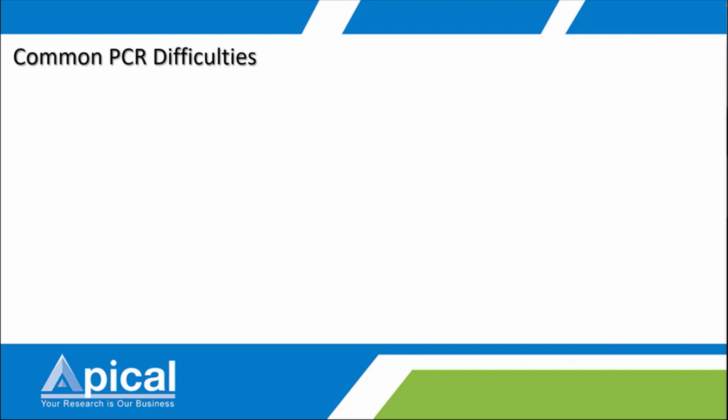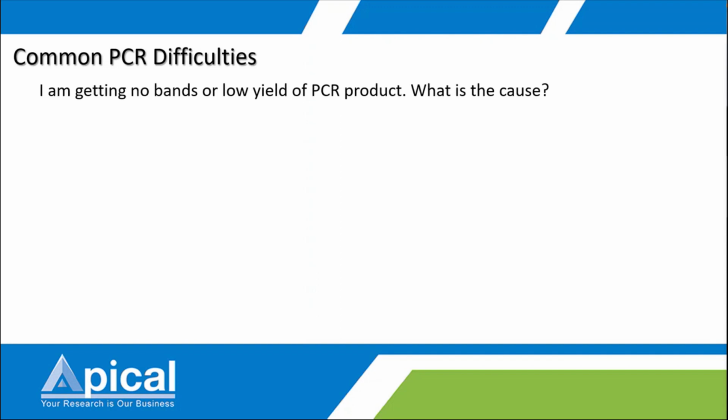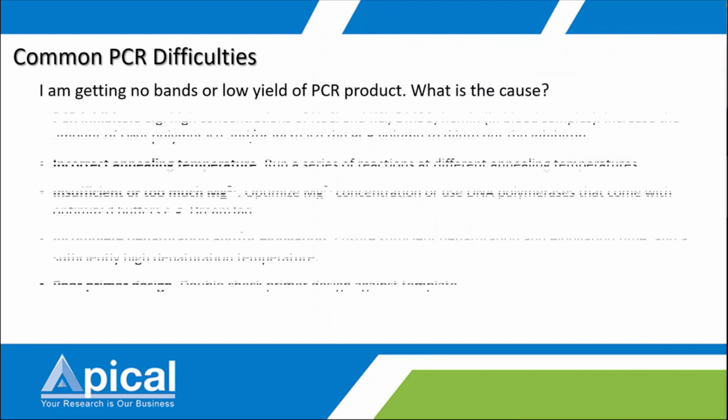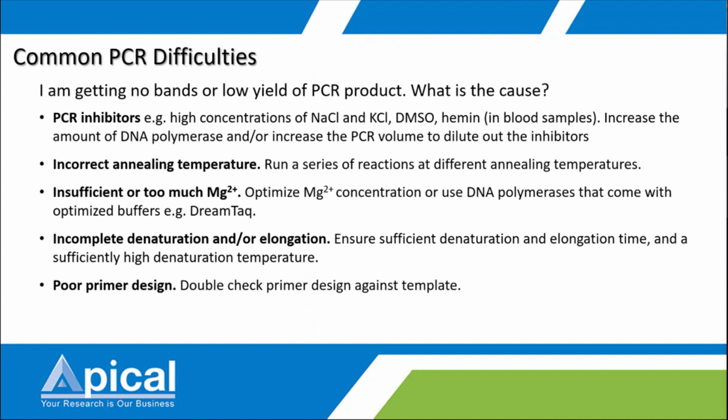Another common question that researchers usually ask is, I am getting no PCR product, or low PCR product yield, or actually no band at all for my PCR. If this happens, you need to look into several PCR conditions to optimize. First, are there any PCR inhibitors that could inhibit the DNA polymerase, like a high concentration of hemin in a blood sample, or humic acid from a soil sample?